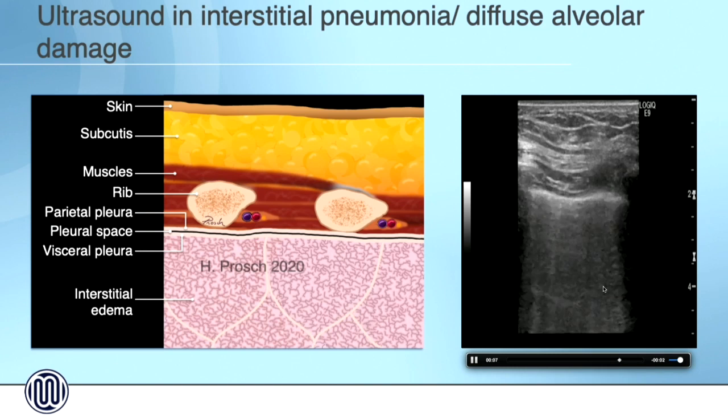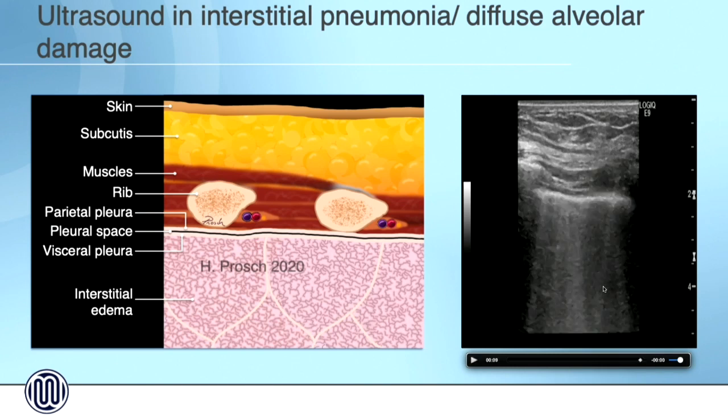These are the so-called B lines you see in pulmonary edema, and you see them also in this kind of infection. Importantly, while in edema this starts bilaterally at the bases and creeps upwards, in COVID you see more patchy areas of these B lines. So that's a characteristic: you don't see the distribution as evenly as in pulmonary edema.